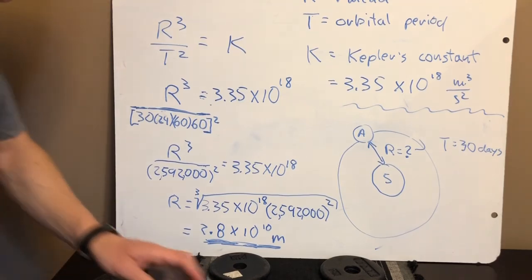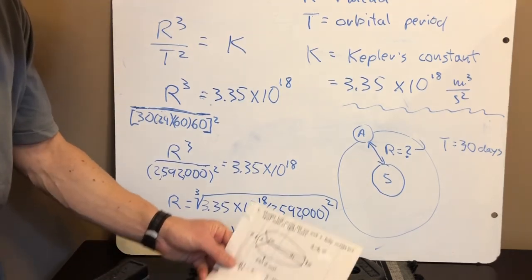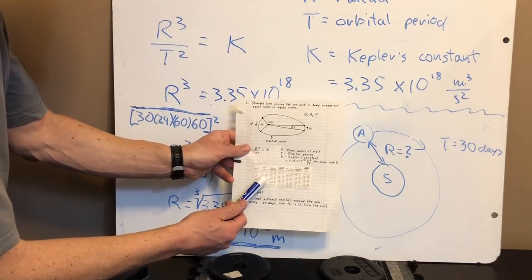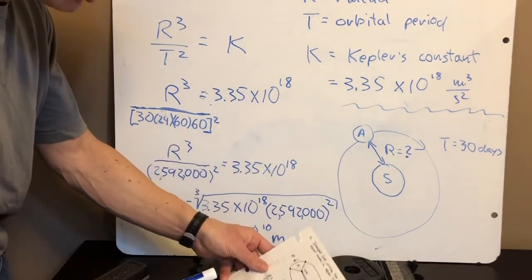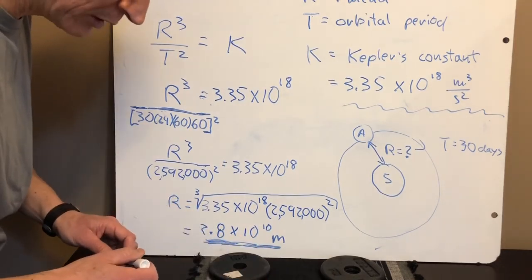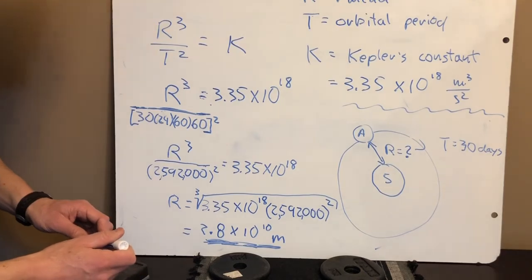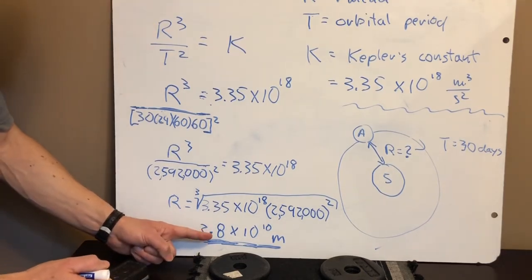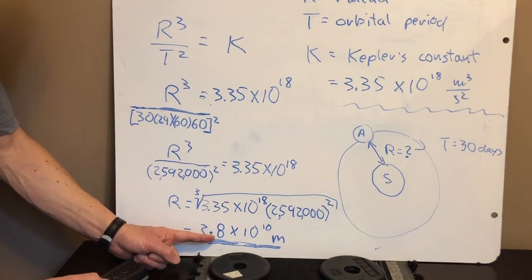Okay. Well, take a look on your handout at this little chart here. You'll notice that for Earth, the mean radius of orbit is 1.49 times 10 to the 11th meters. And this is less than the Earth's radius of orbit, which makes sense.